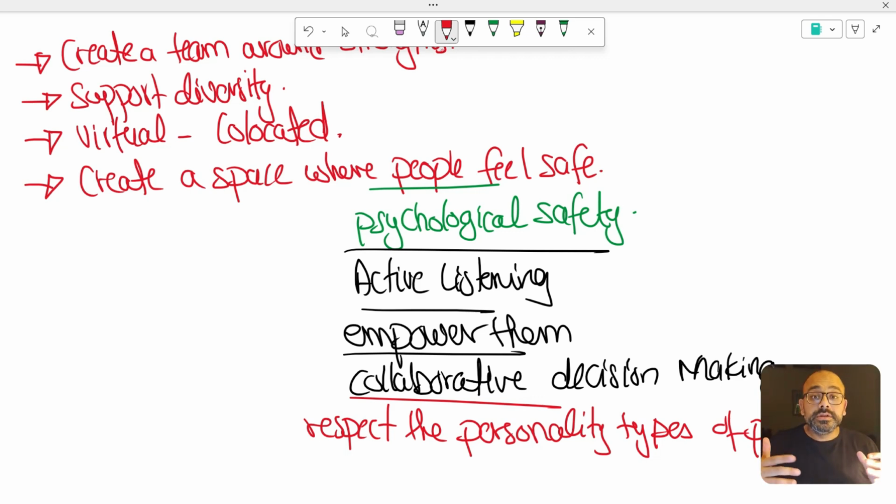But if you know their personality type, you will be more respectful towards them and you will not push their boundaries. For example, an introvert person, you should not push him to speak in public. So our job is to create a space where people feel safe, right? Psychological safety through active listening, empowering team members, collaborative decision making, and of course respecting the boundaries of each other by understanding their personalities.